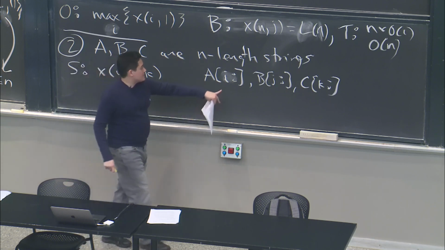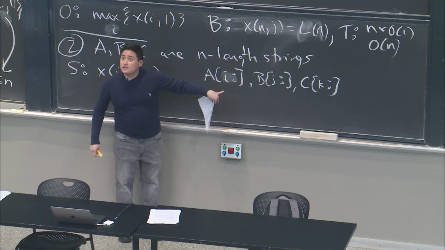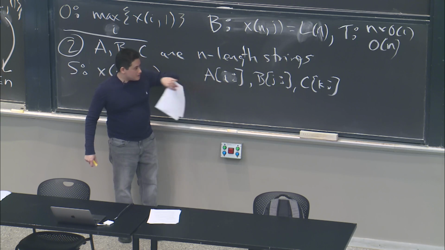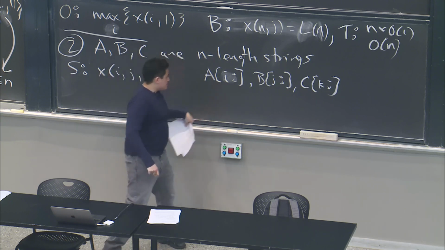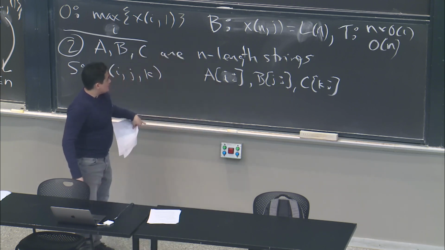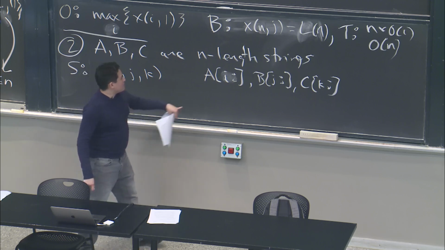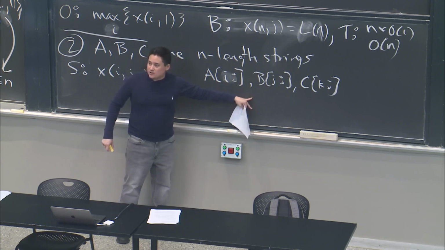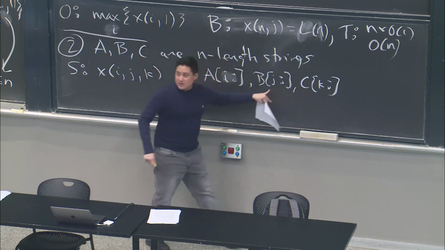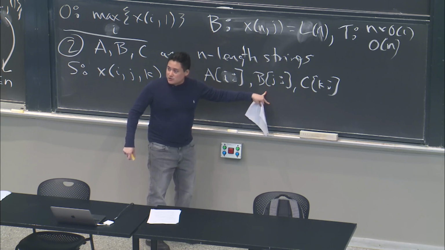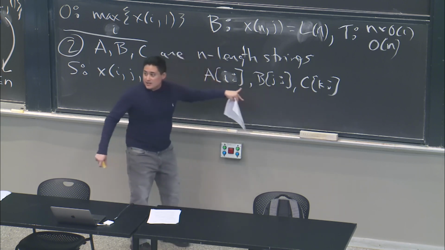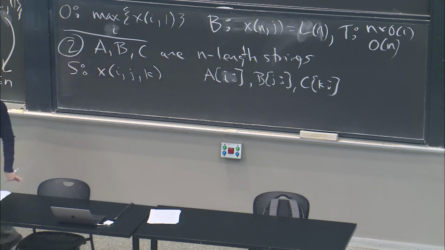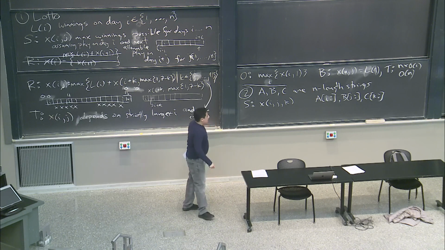So in a sense, let's see, how can I do this? I need to match all of C, but I also need to make sure I'm using exactly n over 2 characters from C in B, and exactly n over 2 characters from C in A. Does that make sense? So how can I satisfy that condition?